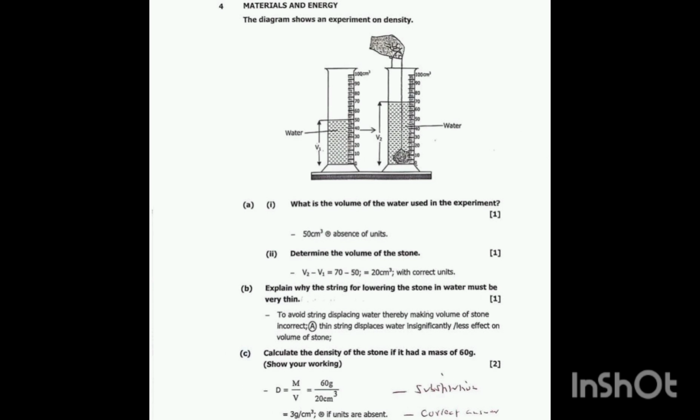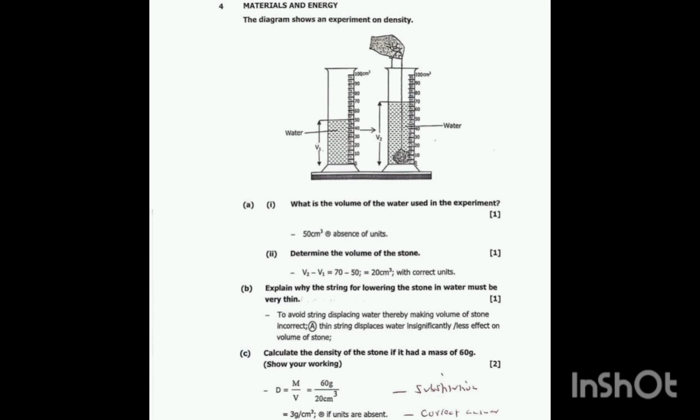That's an emphasis. Since we are told to calculate the density, we need to write the formula. So density is equal to mass over volume. Density is equal to the mass divided by the volume.